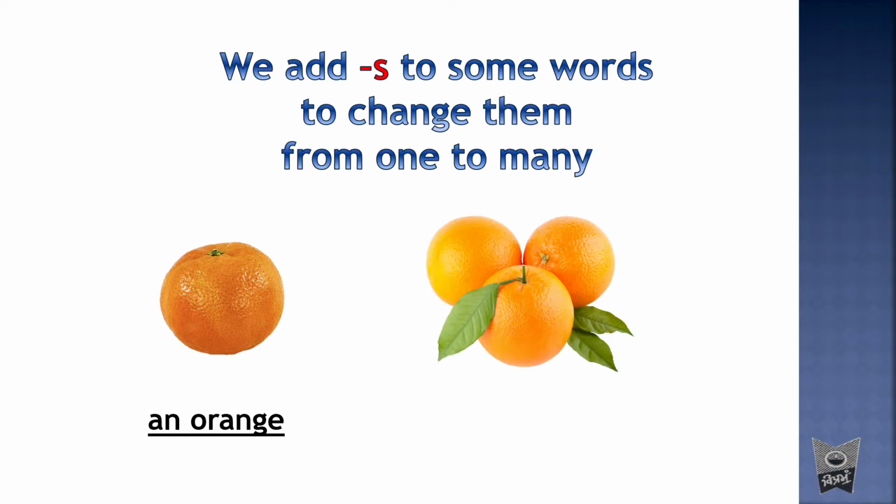And more than one, then we'll write many oranges. We'll not call it orange, we'll call it oranges. Look here, we have added S. Say with me again. An orange, many oranges.